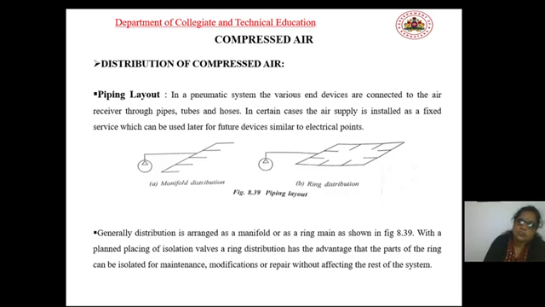Generally, the distribution system is arranged as a manifold type or a ring type, as you can observe from the figure, with planned placing of isolation valves. A ring distribution has the advantage that parts of the ring can be isolated for maintenance, modifications or repairs without affecting the rest of the system.